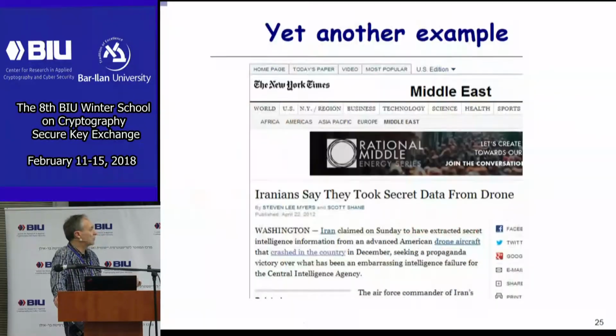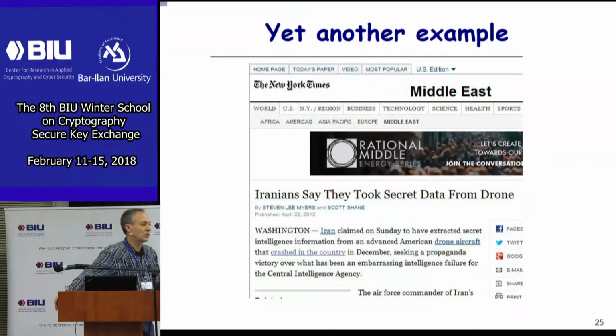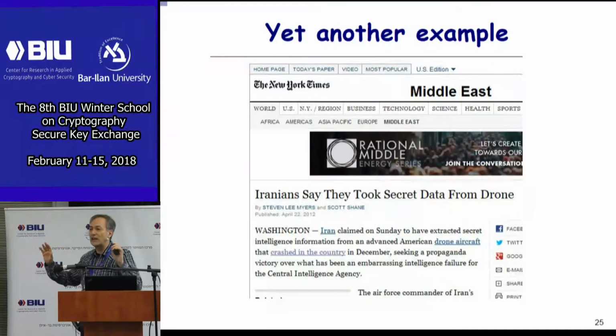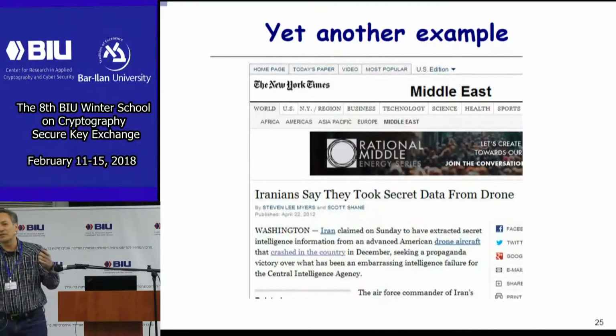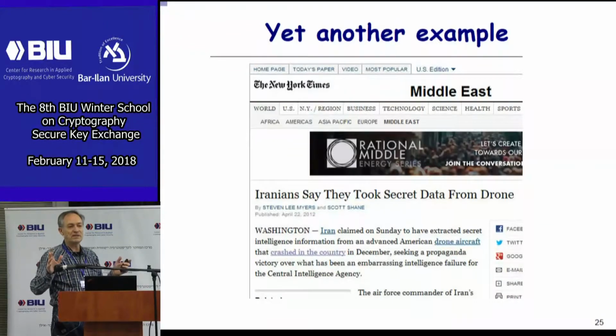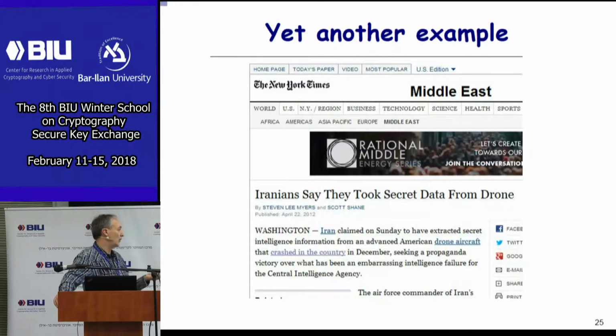I used to have this example as another example, and it's very timely. This is from 2012. This was a story that the Iranians got an American drone undamaged, and it was a big deal because usually you don't want these pieces of high technology to fall in the hands of the enemy. I don't know if you followed the news from this country in the last day.